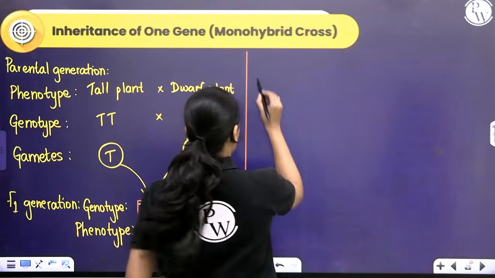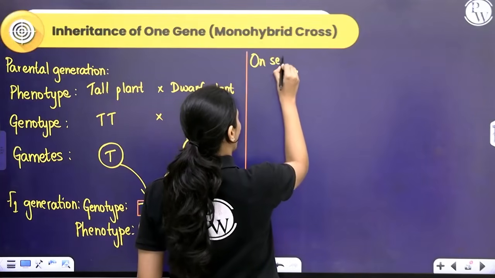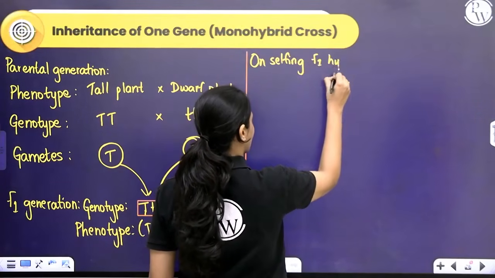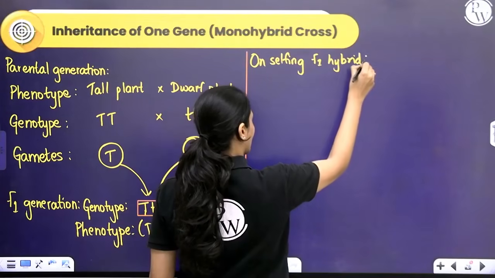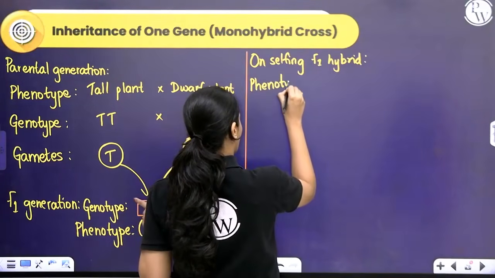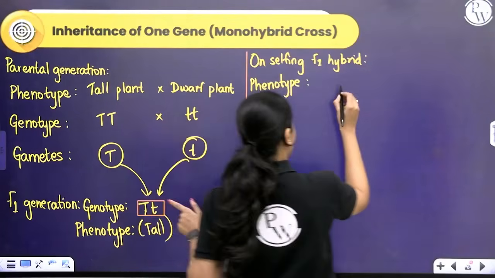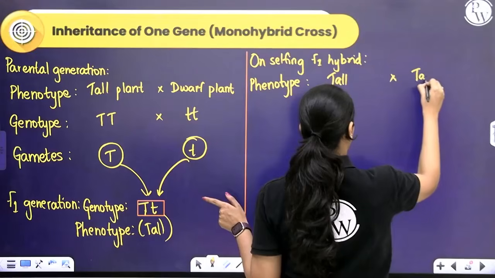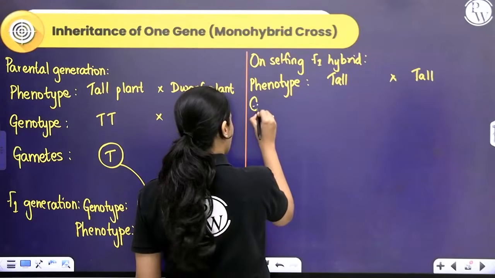They selfed the F1 generation. On selfing the F1 hybrid, what happened? The phenotype, it's a tall plant, you're selfing it. So both the male and the female will obviously be tall. What is its genotype now?